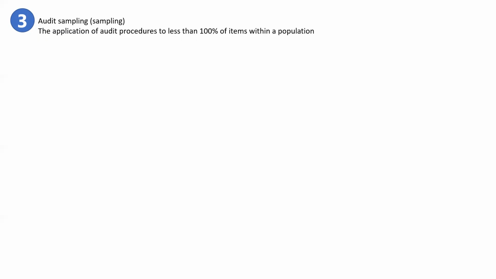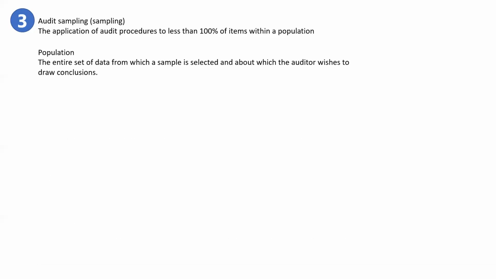Now, a sample or audit sampling is when you perform audit procedures on less than 100% of the population. So if I'm only testing 3 of the invoices for revenue, whereas I have a total of 10 revenue invoices, it means I am testing a sample.